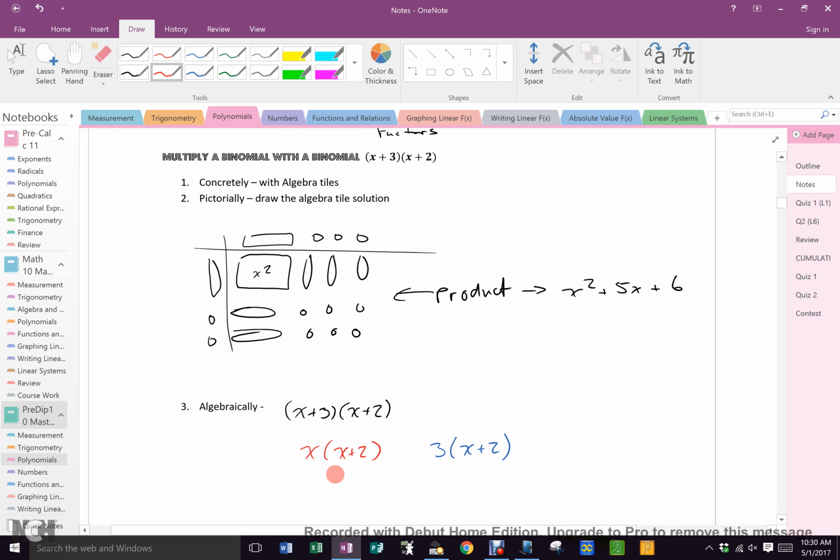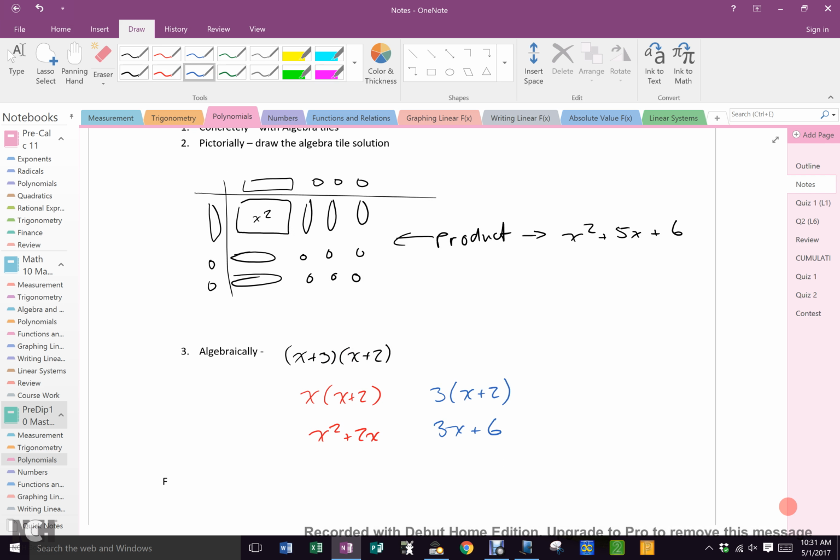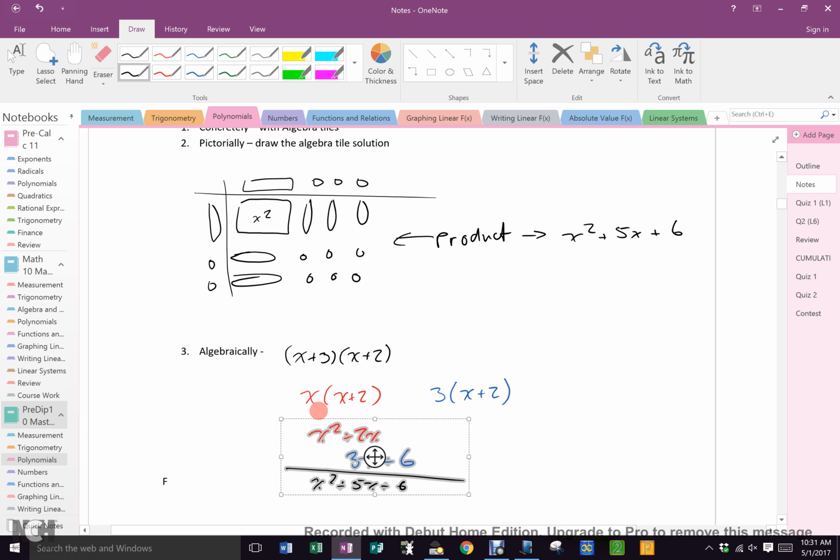So in red, I get x squared plus 2x, don't I? In blue, I get 3x plus 6, don't I? Now, if I do this, what can I do with 3x and 2x? Add it up because they're like terms. Is everybody cool with that?